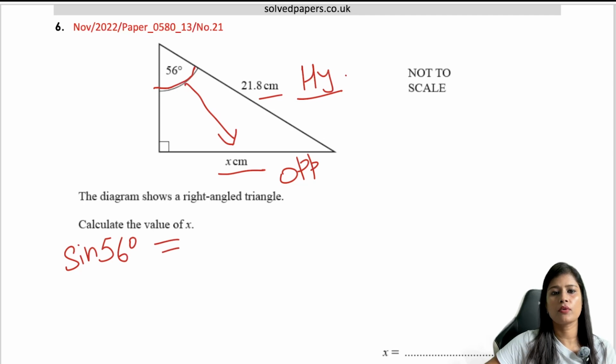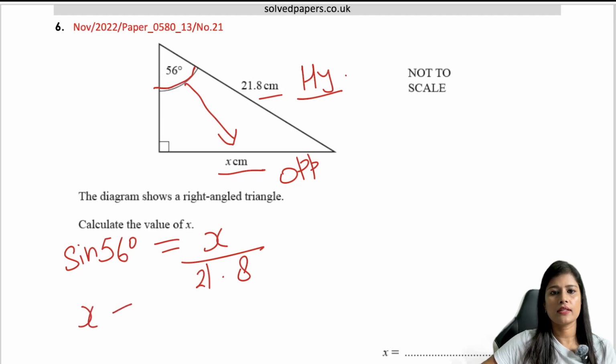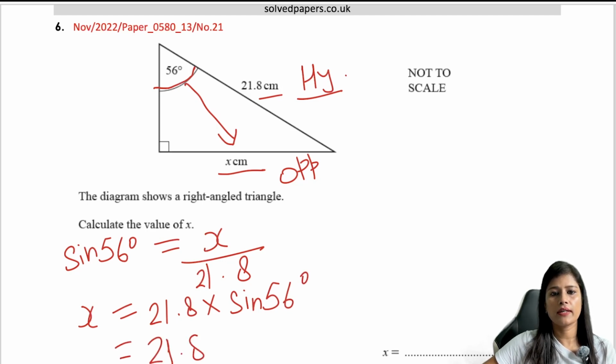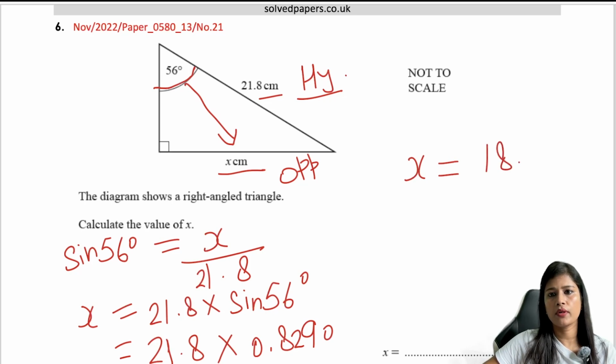Sine 56 degrees is opposite, which is x, over hypotenuse 21.8, so x equals 21.8 times sine 56. 21.8 times sine 56 is 0.8290. The value of x is 18.07. If I round off to one decimal place, x should be 18.1 centimeters.